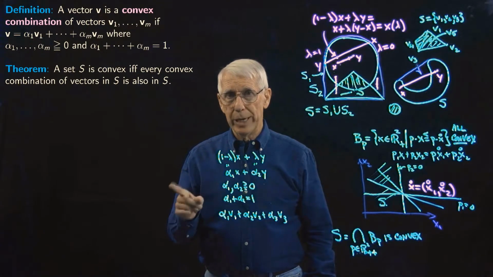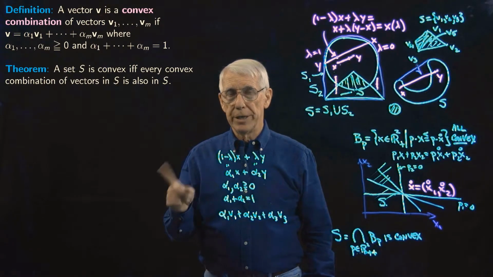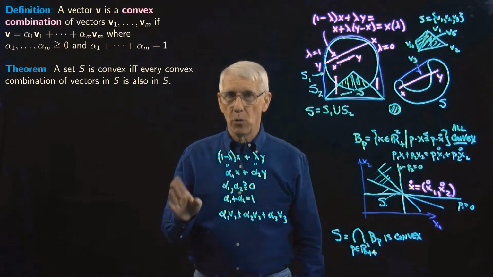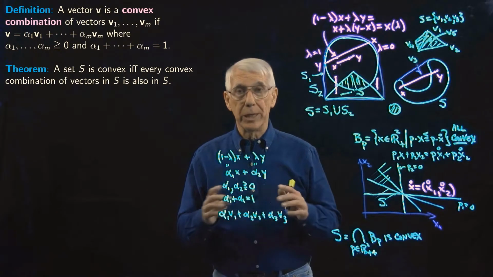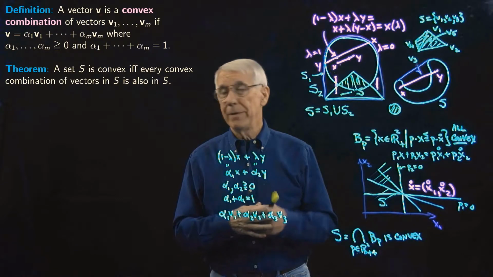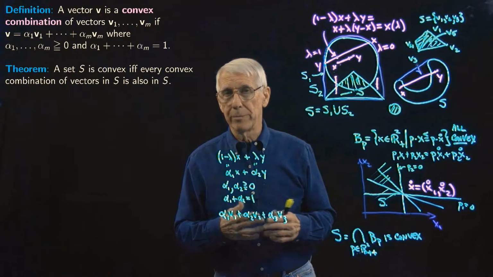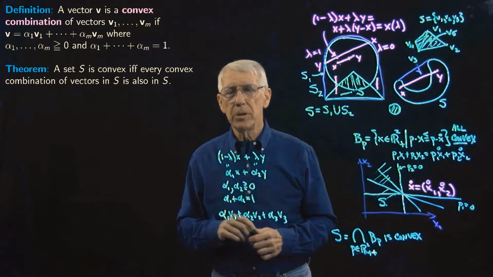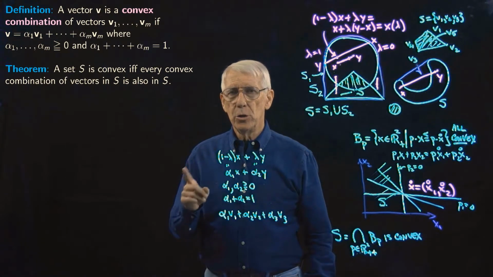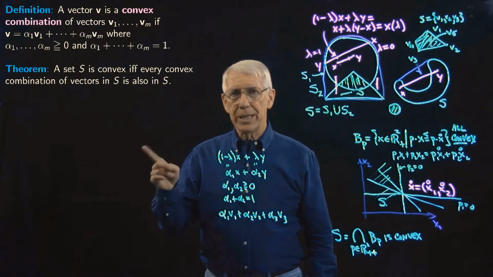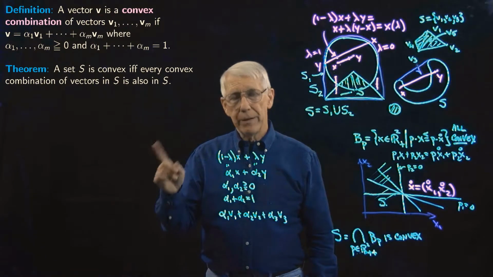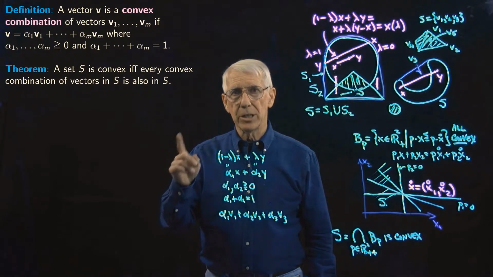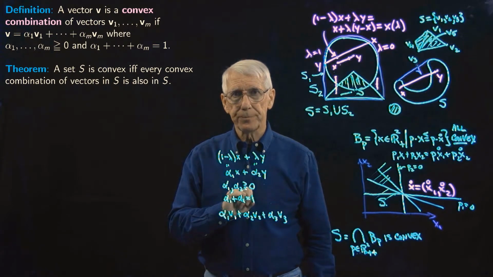So it's a really great exercise for an induction proof, which is where the proof is not as obvious as it was back when we talked about proofs by induction. The examples we gave there were really straightforward and almost obvious how to do them. This one's not that obvious, but it's still pretty straightforward. So you should do a proof that if a set is convex, then every convex combination of vectors in S is going to be in S, and you should do that by induction.